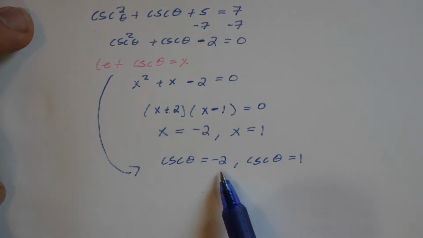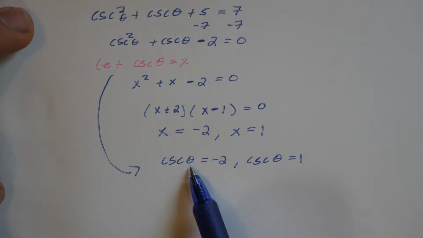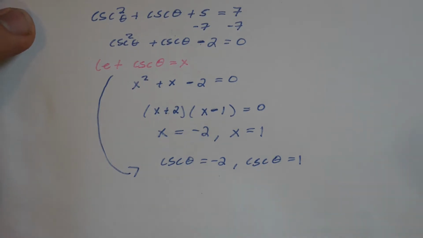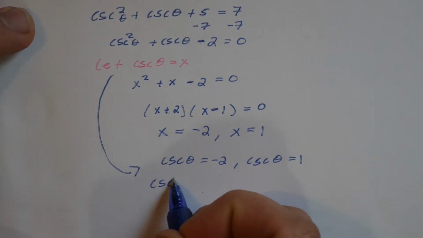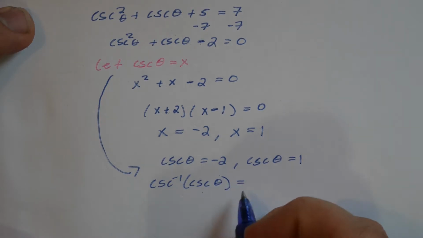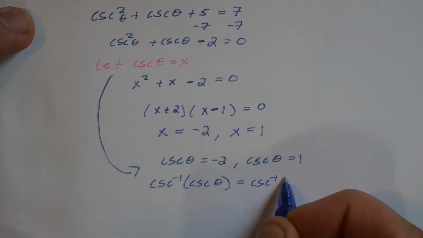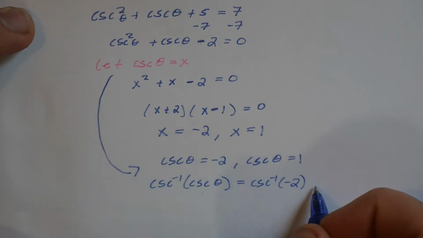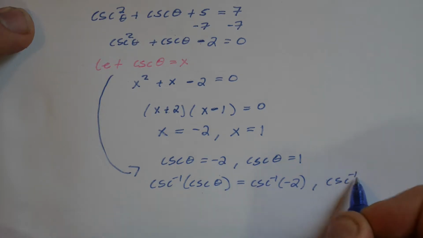So now we're going to solve this equation for theta. We have cosecant of theta equals -2. So what do I have to do? I have to take the cosecant inverse of both sides. So I get cosecant inverse of cosecant of theta equals cosecant inverse of -2. And I also get cosecant inverse of theta equals cosecant inverse of 1.